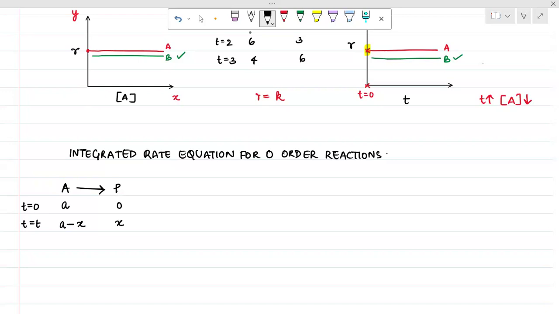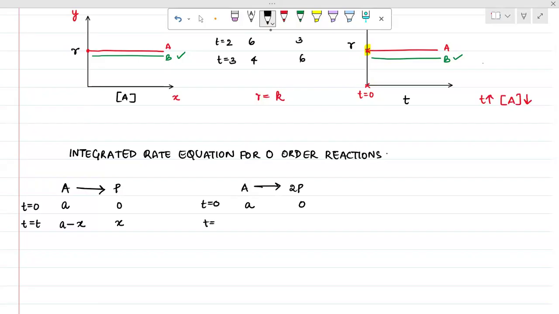Now this is the case because you have got A giving P. Let's say that you have A giving 2P. You have to understand the concept. Please do not mug up. You have a lot to learn by heart, so please do not by heart the things, understand the concept. So let's say that at t is equal to 0, this was again a and you don't have any products.